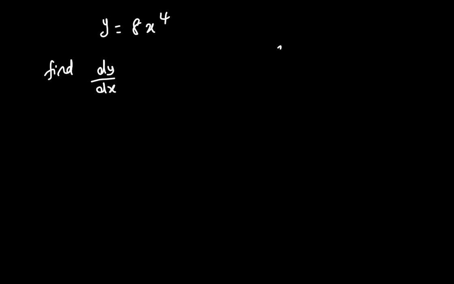Okay, good people, dy over dx tells you two things. This one here tells you that this is your function. It tells you that your function is y is equal to something. Then here is the variable that we are respecting.